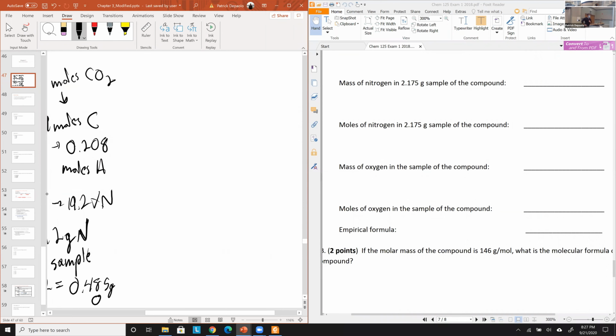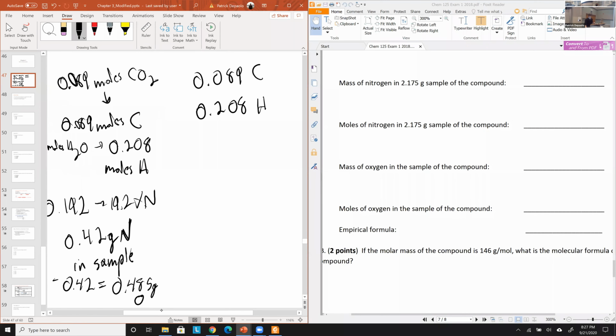All right. So now, what we can do is remember empirical formula. The goal is to figure out the moles of every component and then divide by the least number, right? So we have the moles of carbon, which is 0.089 carbon. We have the hydrogen, 0.208 hydrogen. We have the nitrogen, which is just finding the moles that's in 0.42.